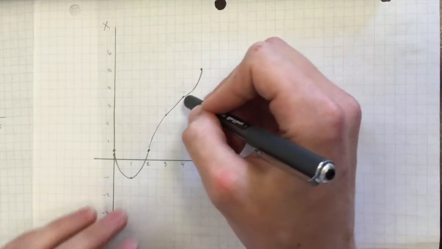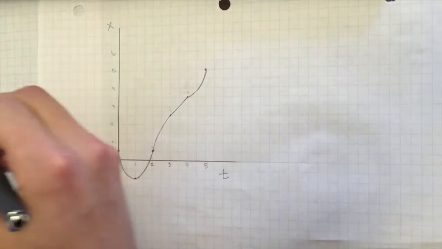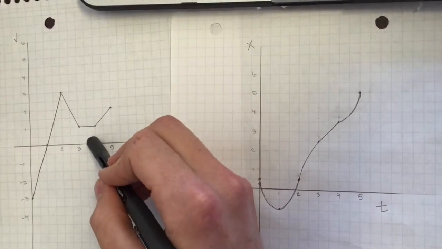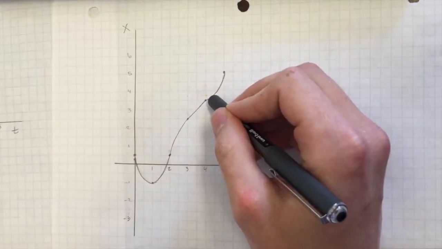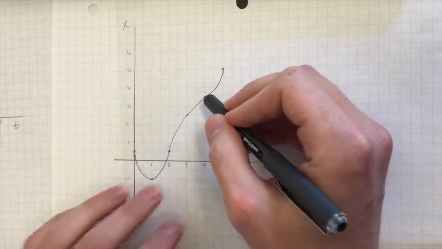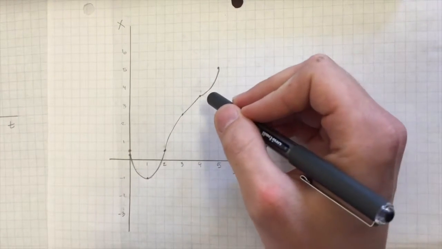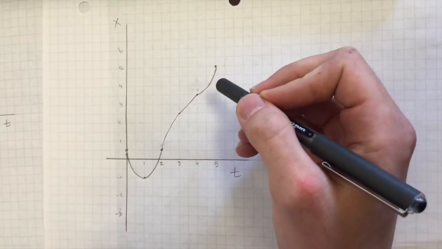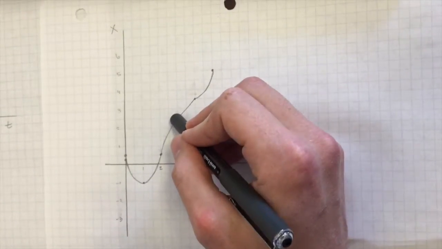And then we're going to continue to work backwards, and we're going to look at the displacement from 3 to 4, which is 1 meter. So therefore we know that the position at 3 seconds is 1 meter less than the position at 4 seconds. So 3.5 minus 1 is 2.5.